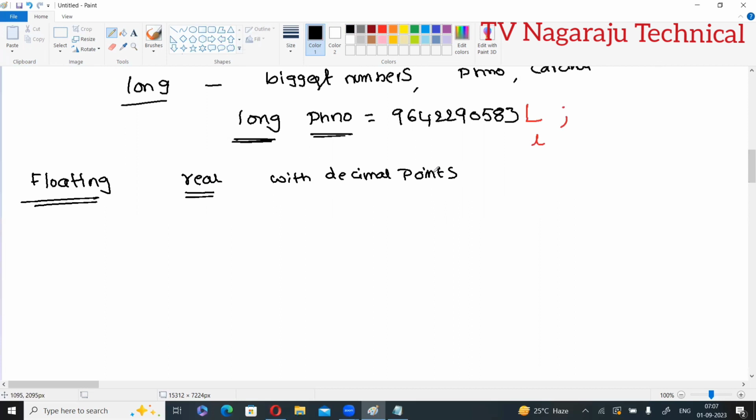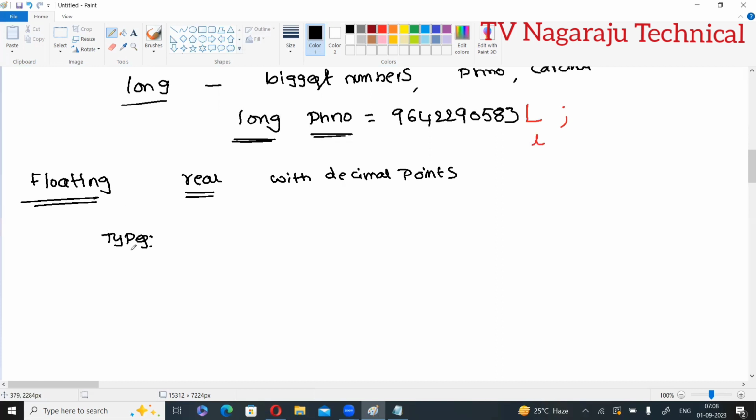You understand the difference? To store numerics, we use either integer or floating. Suppose your value does not consist of any decimal points, go to integer. Suppose your value consists of some decimal point, go to float. Real values with some decimal point.